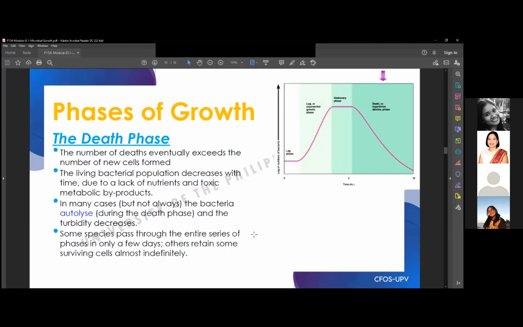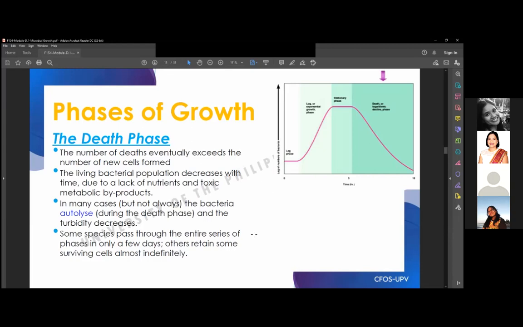When you do a turbidity reading of your microorganism in the lab, diba, you use a modified spectrophotometer. So how would you know that your culture is already at its death phase? Diba, at the start you have an increasing curve, or yung reading mo magsa-start siyang mag-decrease.